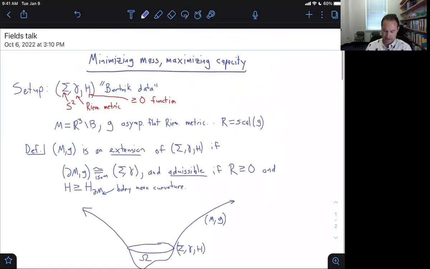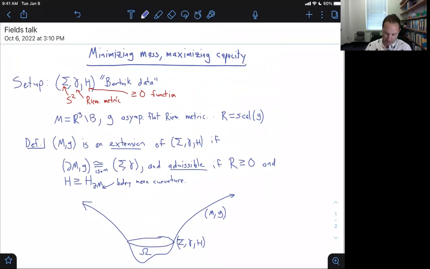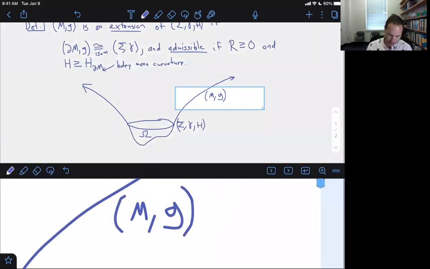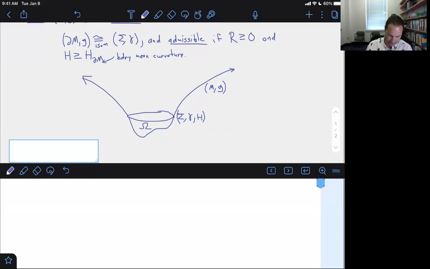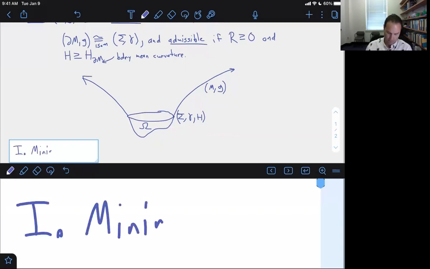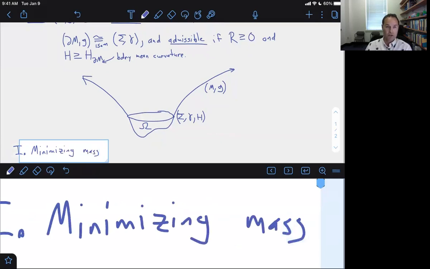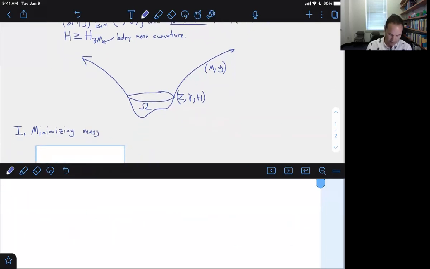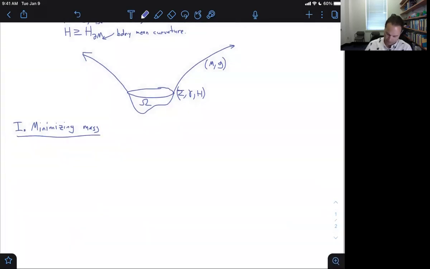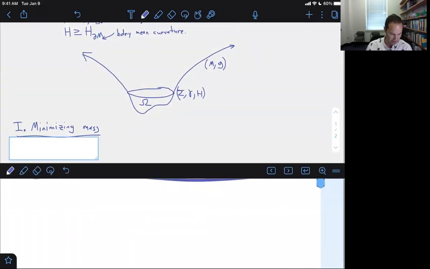There are two parts of the talk. The first one's just called minimizing mass. That'll be the shorter one. I'm just going to review some things that are known. So minimizing mass will correspond to a discussion of Bartnik's quasi-local mass.